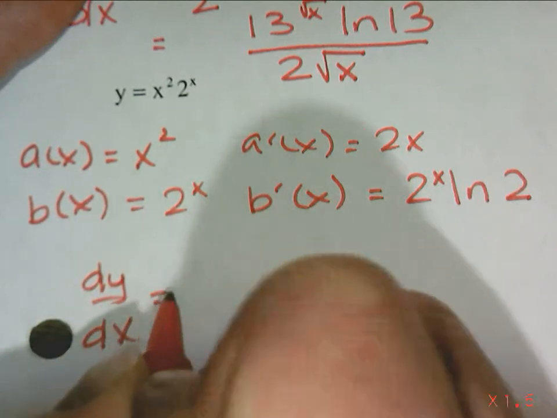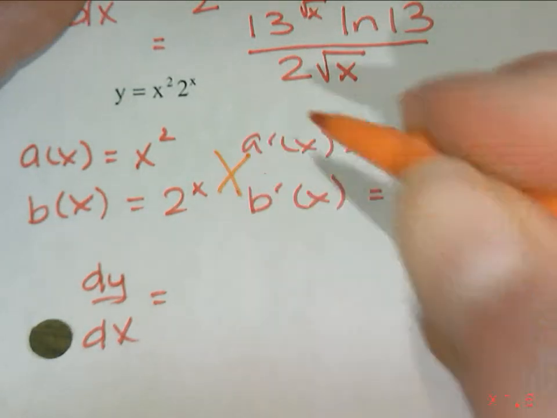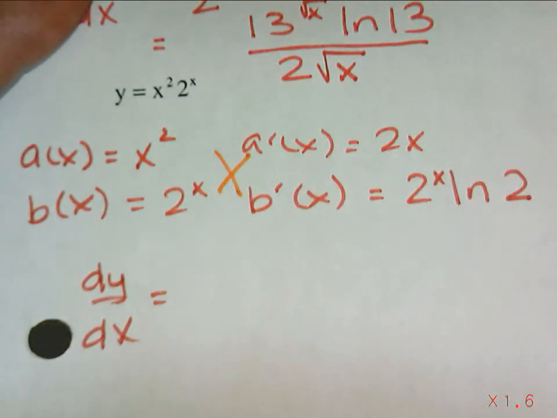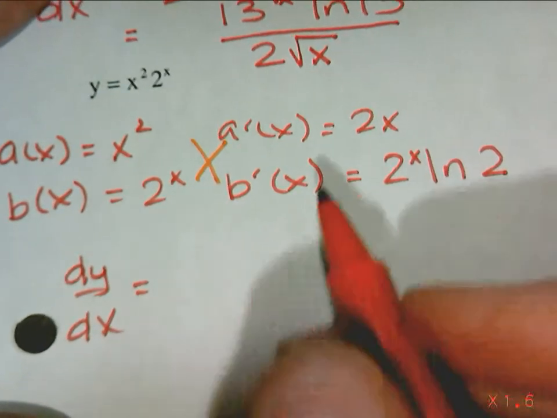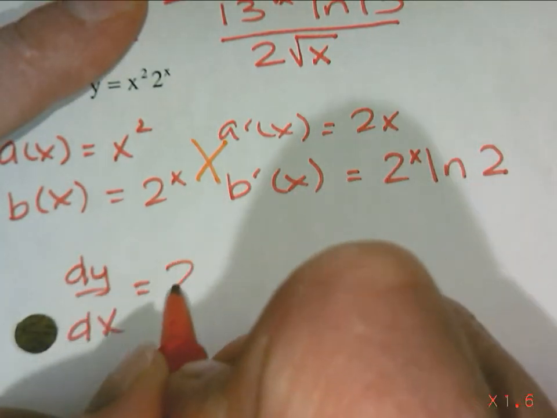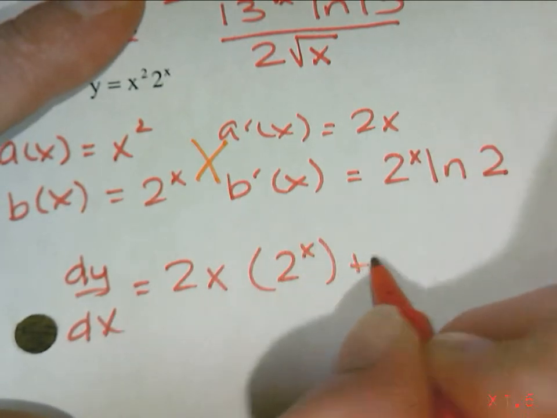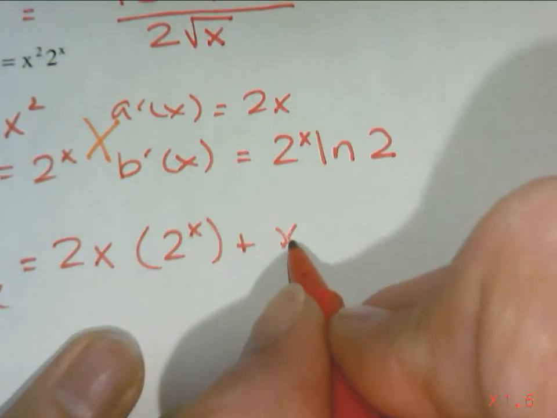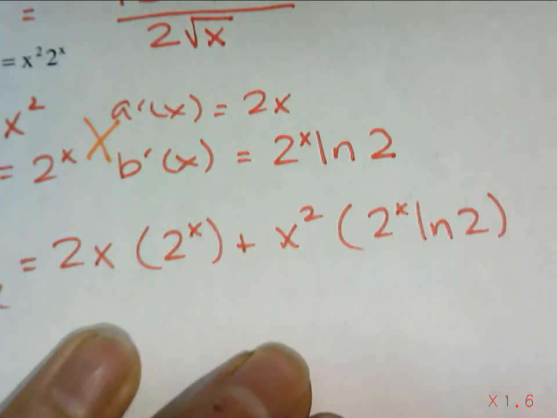So the derivative dy by dx can be found using a prime b of x plus a of x b prime.